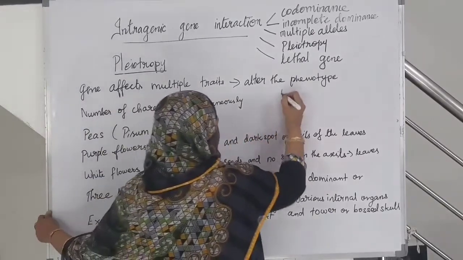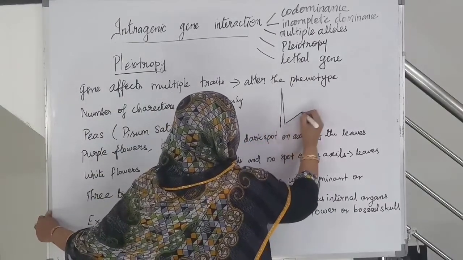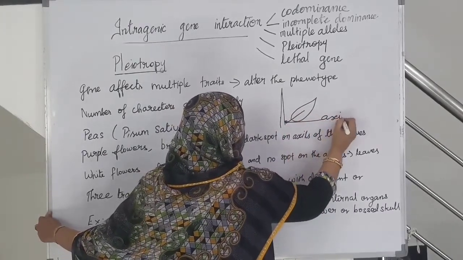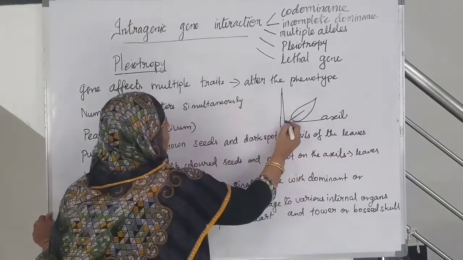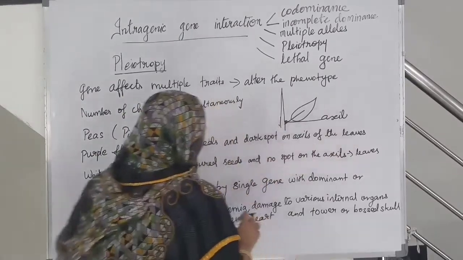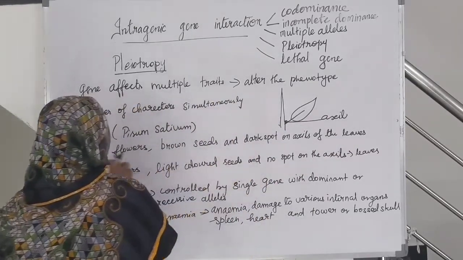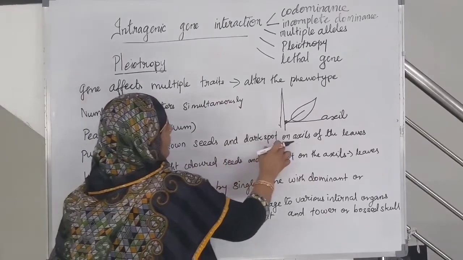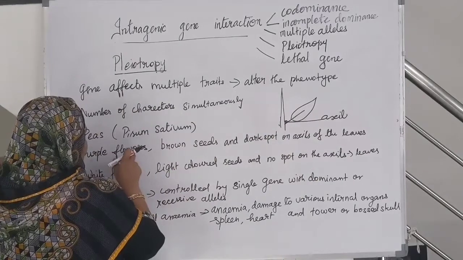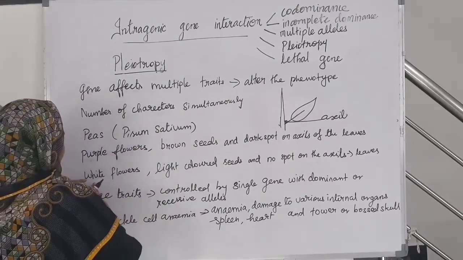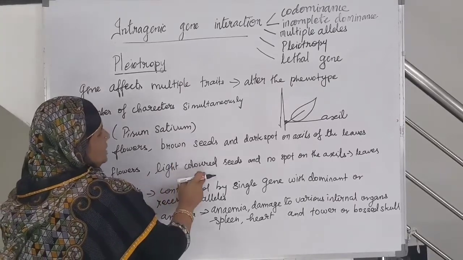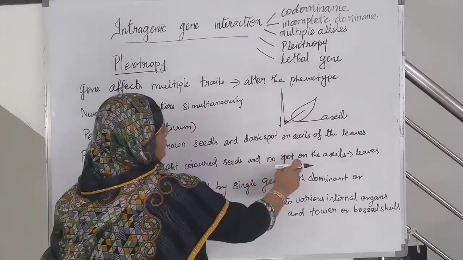The axil means this region, this corner. These plants were crossed with varieties with white flowers, light colored seeds and no spot on the axil.